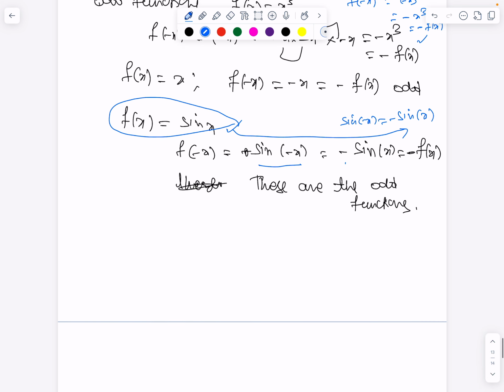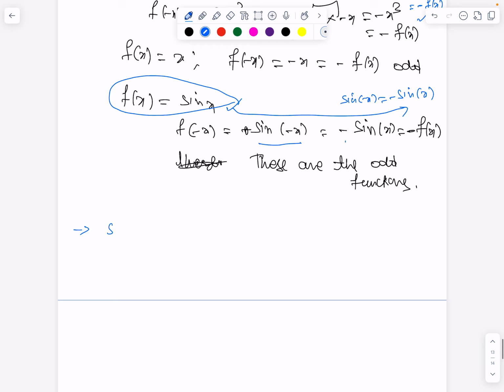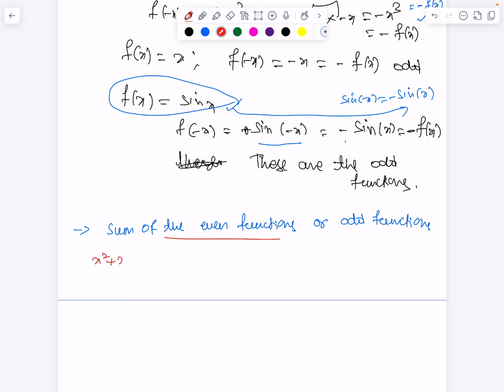Now you can play with them. Some examples of even functions: x square plus x power 4, x square minus 2x power 4, or x square plus cos x, or secant x plus 5 into x square plus 10 into cos x.